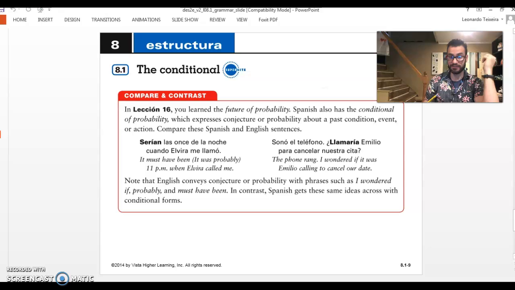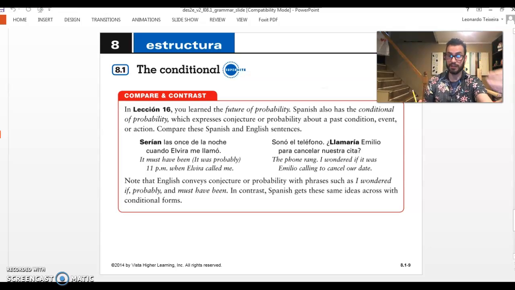So let's look at the examples. Serían las 11 de la noche cuando Elvira me llamó. It's kind of like saying it must have been, it was probably, cuando Elvira me llamó. Now, there is nothing here preventing you from saying, eran las 11 de la noche cuando Elvira me llamó.